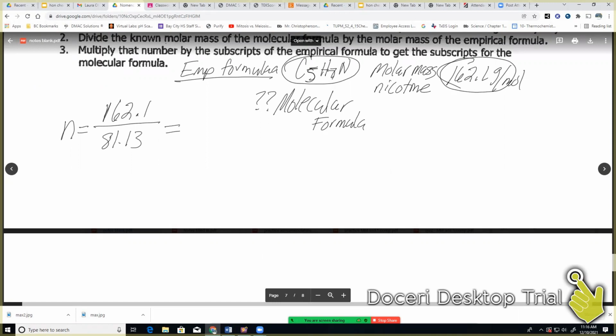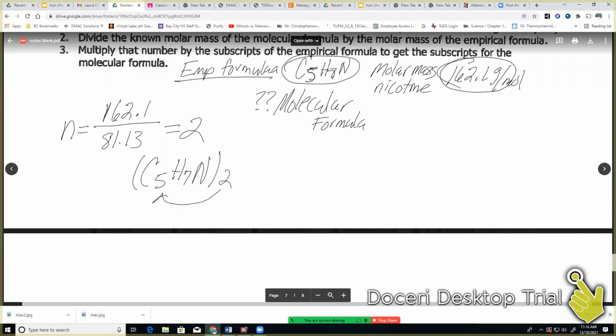So just looking at those two numbers, what can you tell that n is going to be? 162 divided by 81 is going to be what? A 2. It's going to be really close to 2. So that's my little n. So remember now I take my empirical and I apply my n.